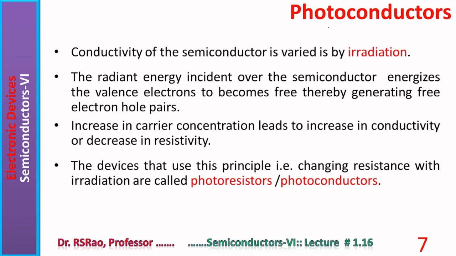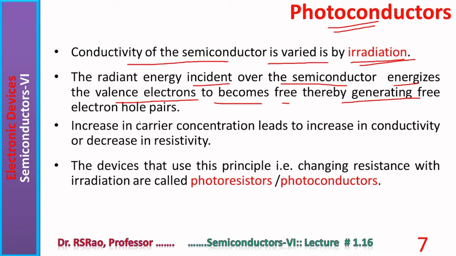Some more points regarding photoconductors, semiconductor-based devices. Conductivity of a semiconductor is varied by radiation, by irradiating the semiconductor slab. The radiant energy incident over the semiconductor energizes the valence electrons to become free, thereby generating free electron hole pairs.